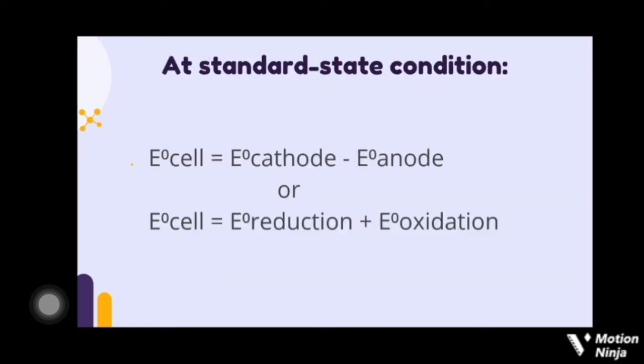Okay, let's proceed. Standard hydrogen electrode: the direction of the half reaction of SHE depends on the other half cell connected to it. The cell notation for SHE, when it is a cathode, has H plus aqueous first, then H2 gas, and Pt solid. It depends on whether its paired element is a cathode or anode, so the notation differs.